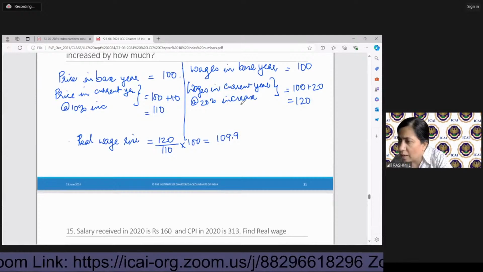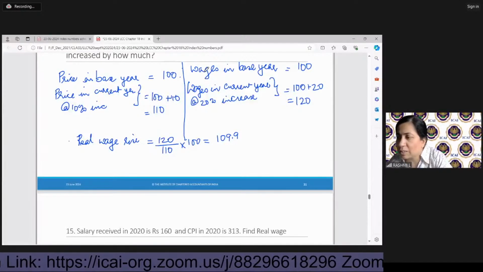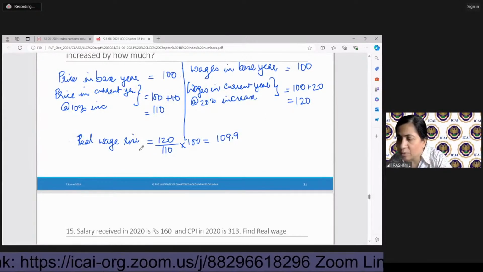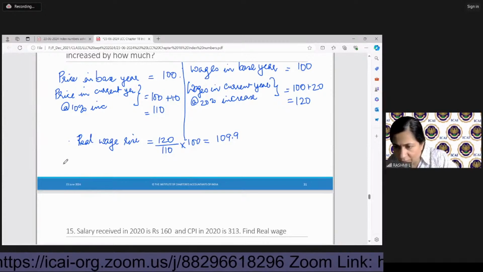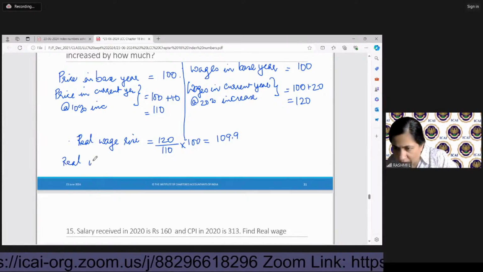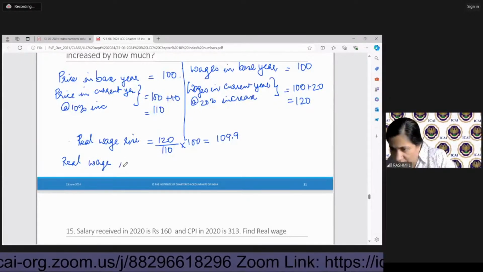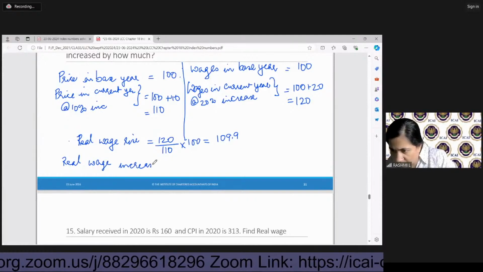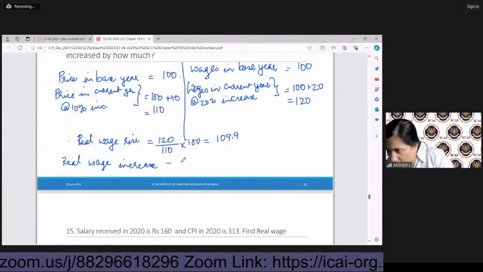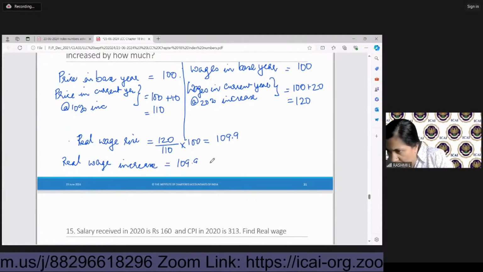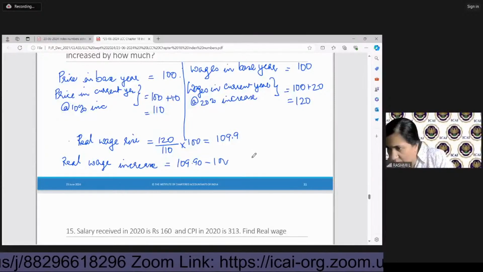So, what is the real wage increase? Even though it looks like wages were 100 and it became 120, the real wage increase will be equal to 109.9 minus 100, because 100 was the original.